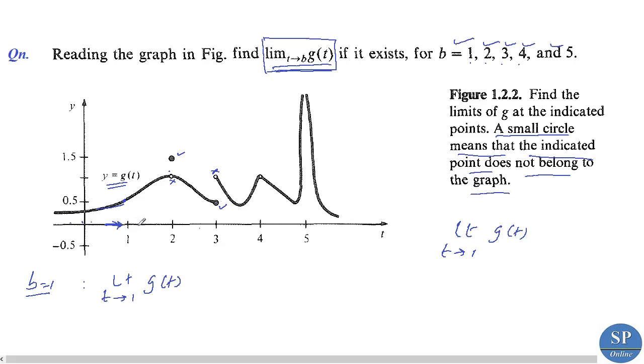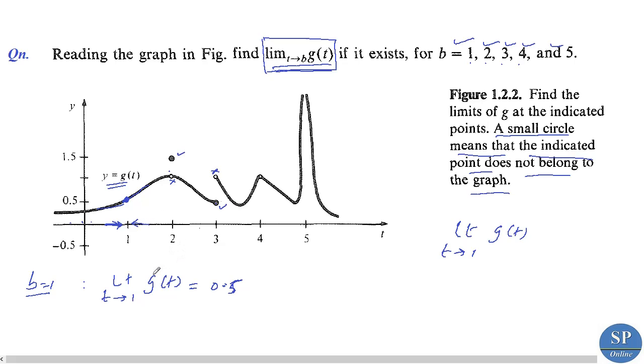As t approaches 1 from the right, the curve is also coming to this point. So the limit as t tends to 1 of g of t is 0.5. Clear? From this figure we can see that.